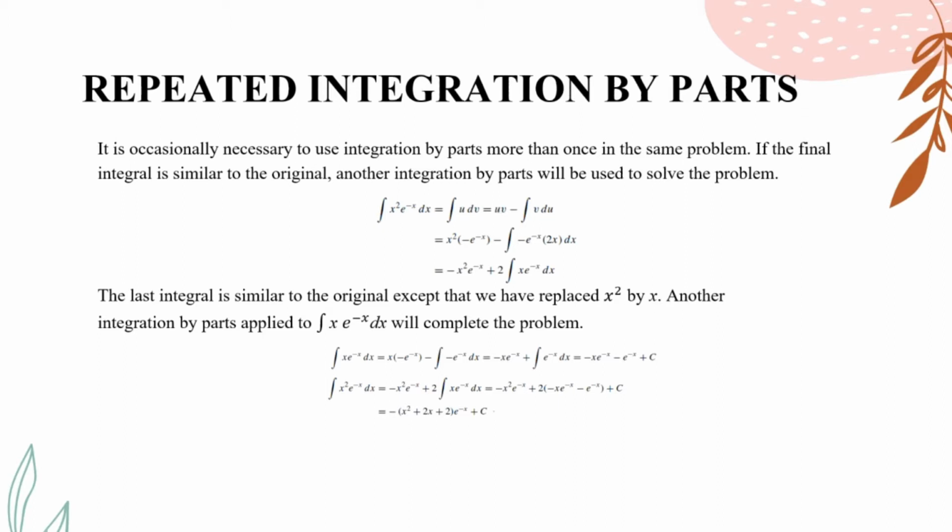This is an example regarding the problem. The last integral is similar to the original, except that we have replaced x squared by s. Another integration by parts applied to integrate s e to the power of negative s ds will complete the problem.